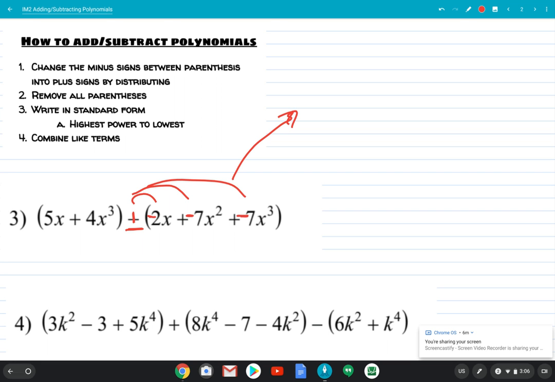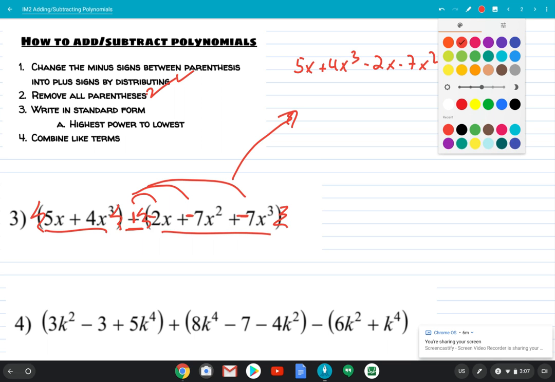Got it. Remove the parentheses, so just rewrite it. 5x plus 4x cubed minus 2x minus 7x squared minus 7x cubed. I just removed these parentheses, and all I got left is this stuff. This became plus, so I have everything written out.